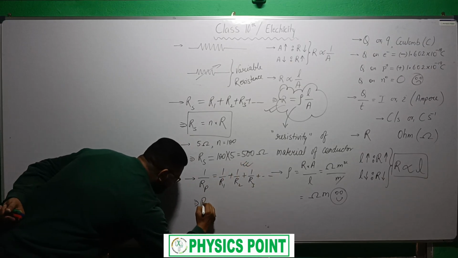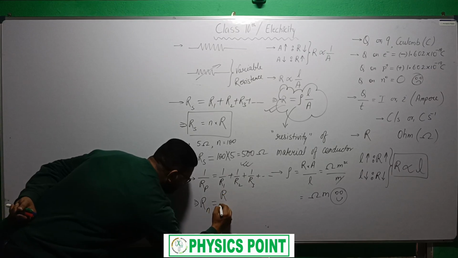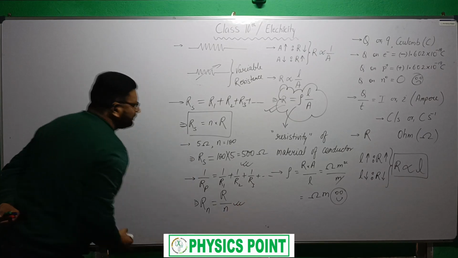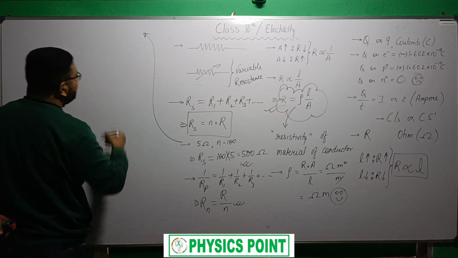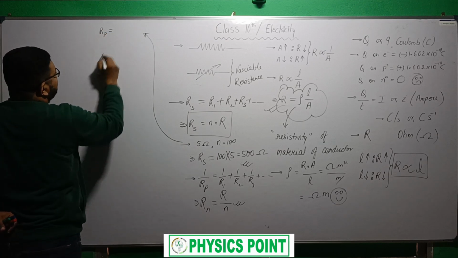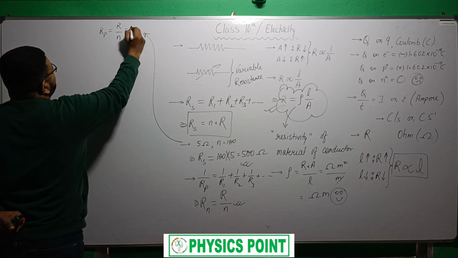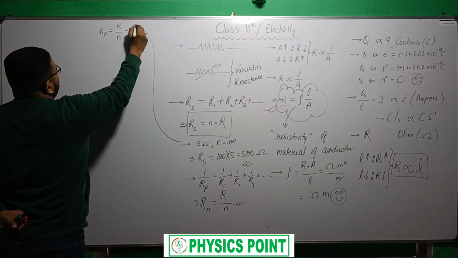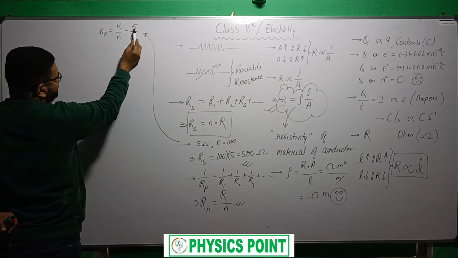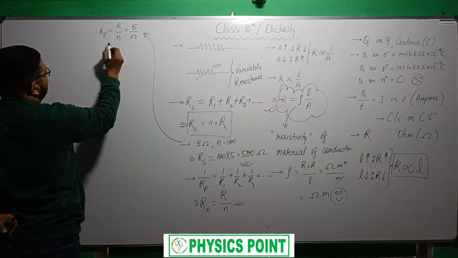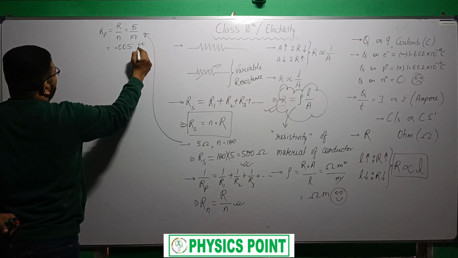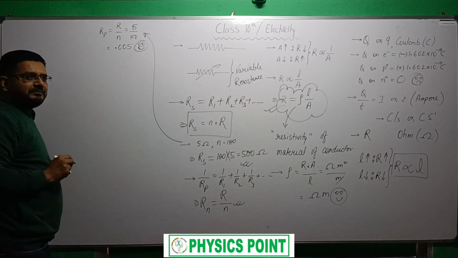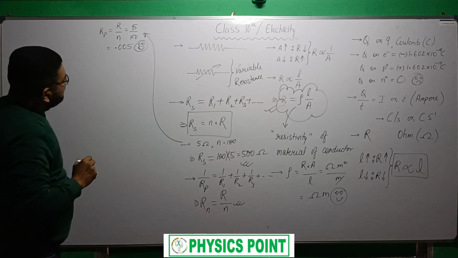And if we have identical resistances, then the equivalent resistance equals R by N. Taking the same example, if these resistors are connected in parallel, then the equivalent resistance is 5 by 100, because the value of one resistance is 5 and their number is 100. So equivalent resistance is very small in parallel combination. Right?